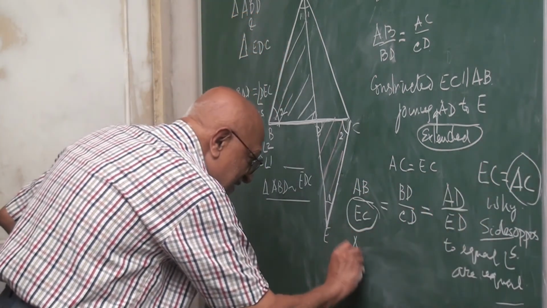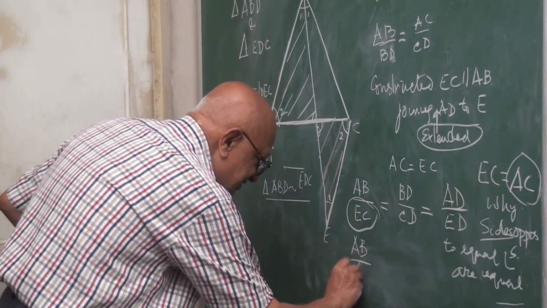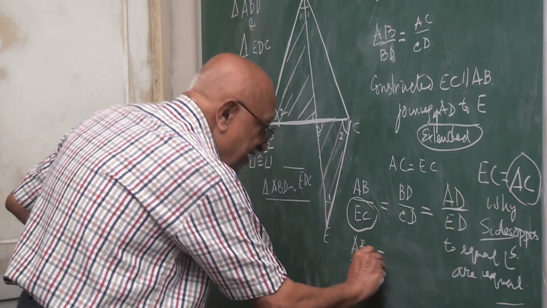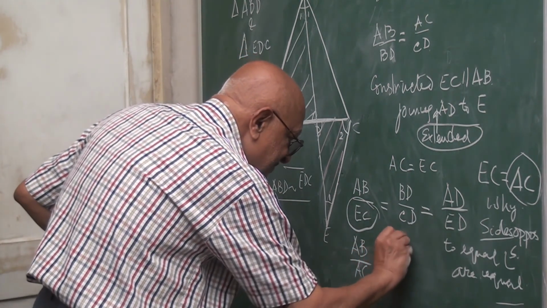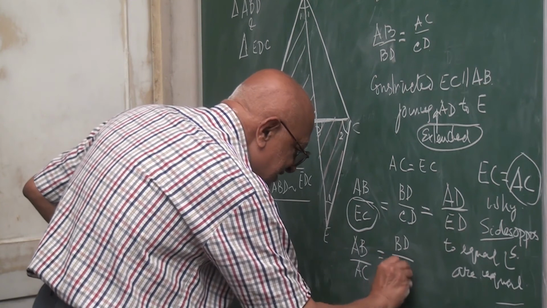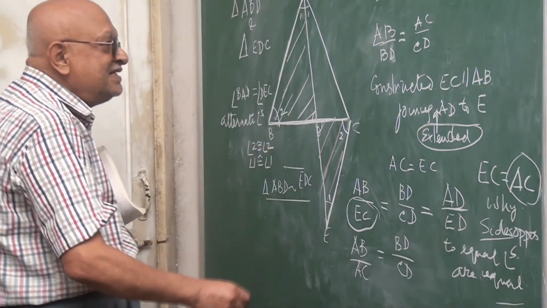So AB by AC would be equal to BD by CD, right? BD by CD.